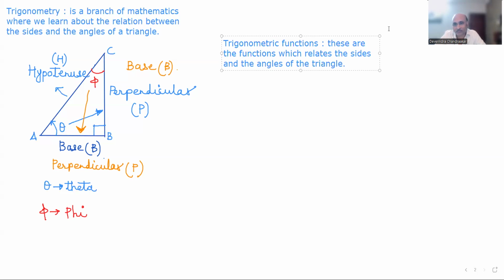So who gives the input to the remote? You do. You press the button. If you want to increase the volume, you press the volume button. If you want to increase the brightness, you press the brightness button.